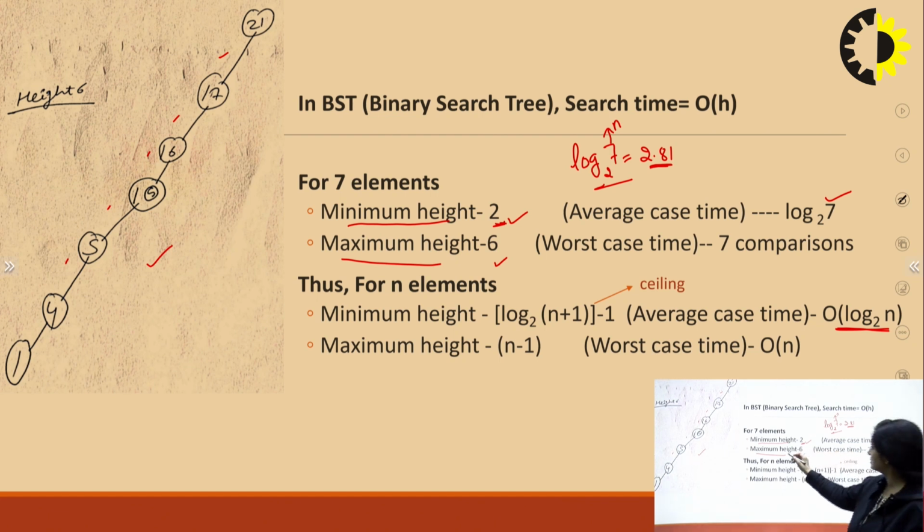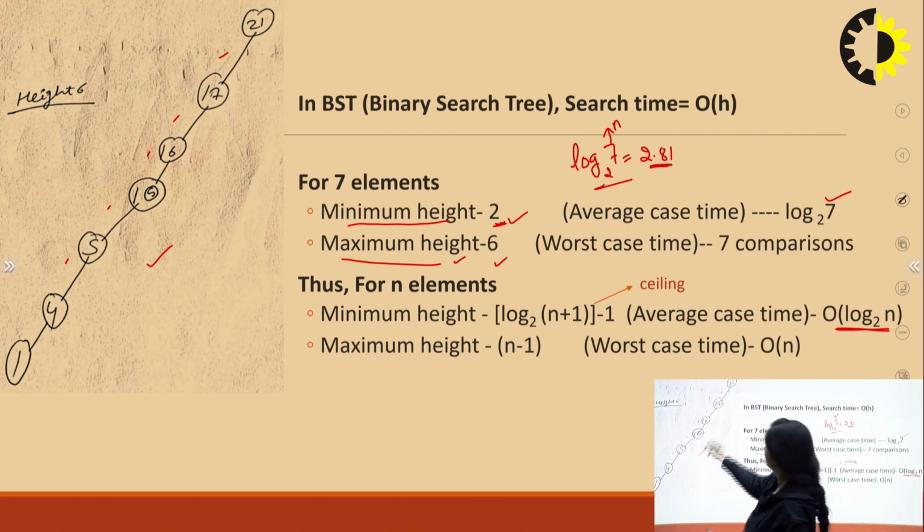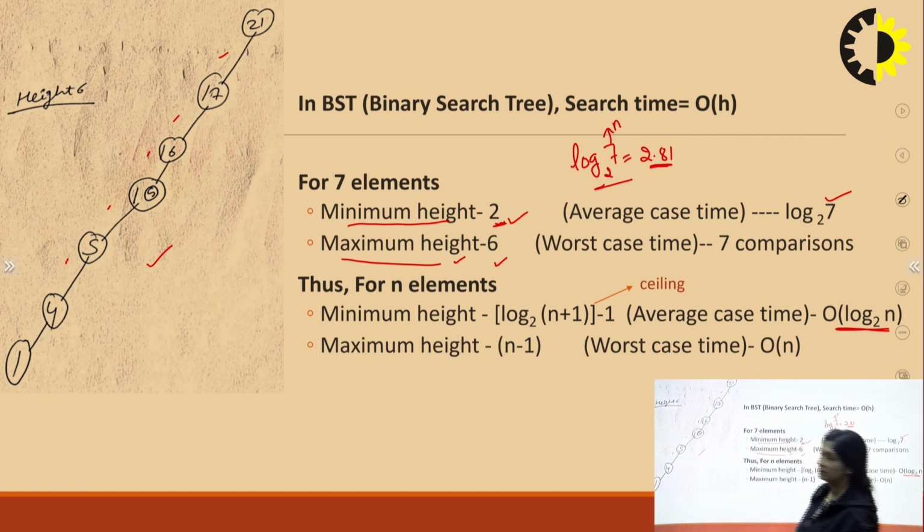Now next is the maximum height 6. This is the worst case because here the maximum height is 6, and total elements are 7, so the height is 7 minus 1, which is 6, and 7 is equal to n. These are the number of elements.